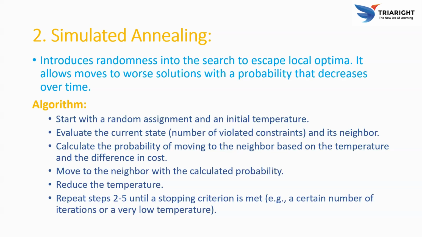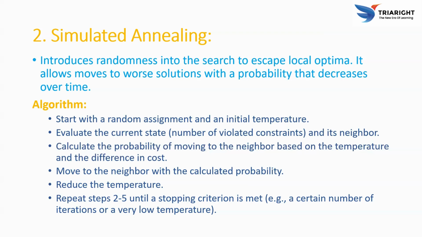Imagine a blindfolded person on a hilly landscape. Initially, when the temperature is high, they are willing to take steps that may go downhill, so it explores more. As the temperature slowly cools, they become less willing to take downhill steps and eventually behave like a hill climber, settling into a local maximum, right?